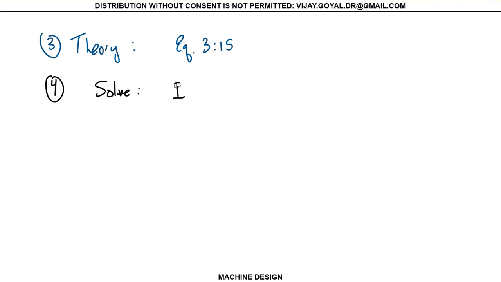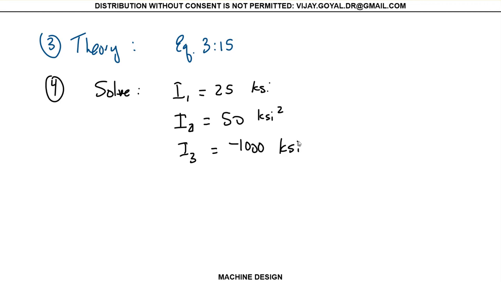If you solve it, you find I sub 0 is equal to 25, I1 is equal to 50, this is KSI, I2 is KSI squared. Sorry, this is 1, this is 2, this is 3. This is minus 1000 KSI cubed. So your equation looks like this.